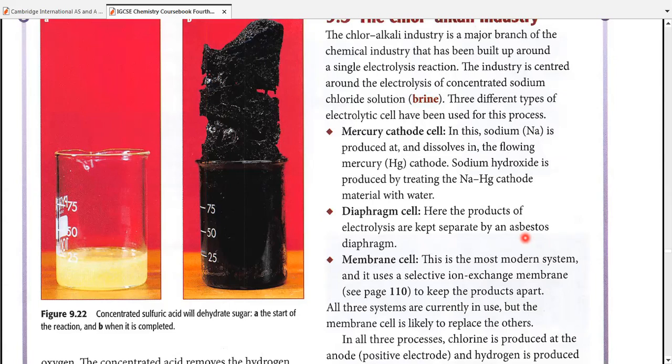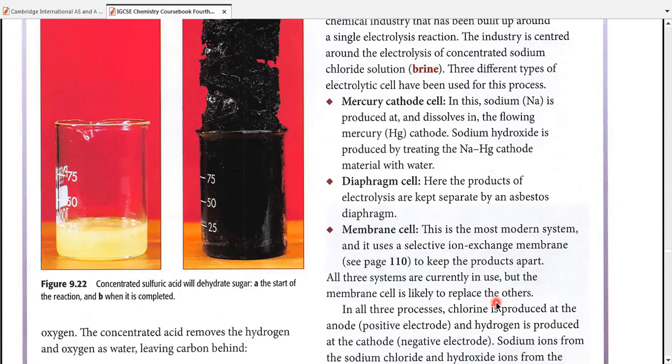Coming to the next point, membrane cell, most modern system and uses an ion exchange membrane. What's an ion exchange membrane? We are not going to discuss that in detail over here, but the only thing you might need to understand, and that is also given on page number 110, is that it has a selection criteria.